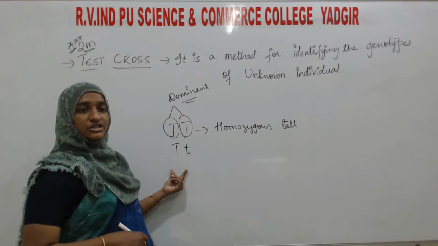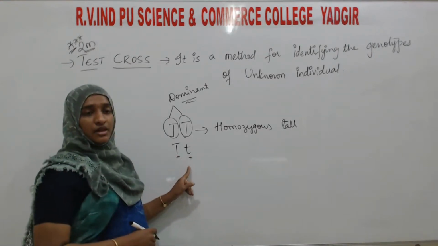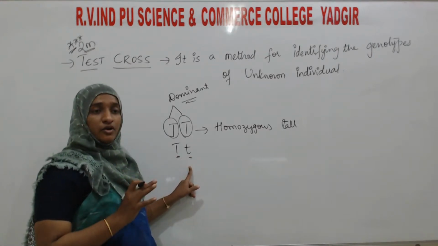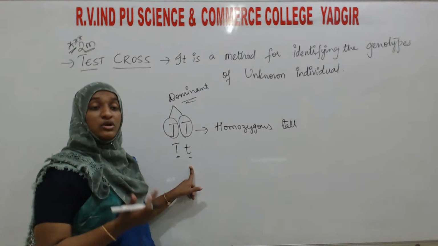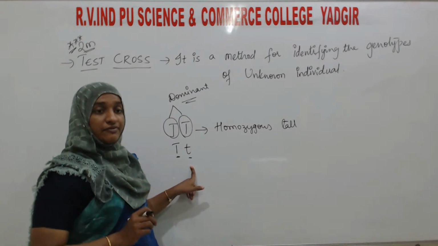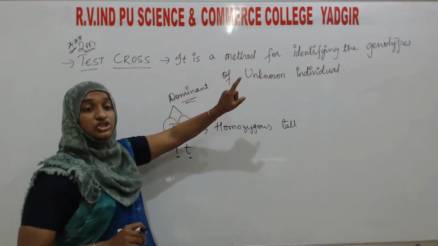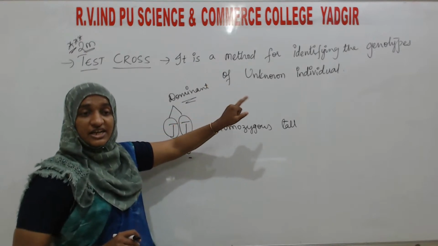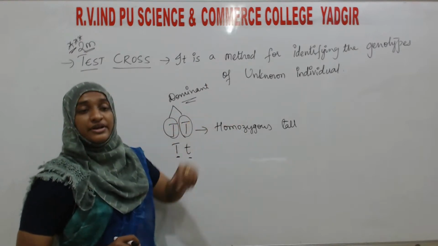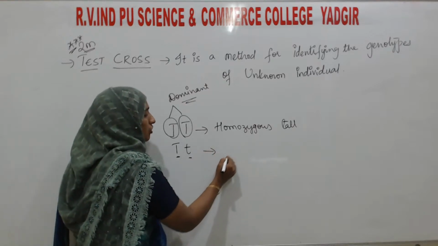In the next condition, you see, one is capital T, another is small t. Then how do you know who is dominant and who is expressing the character? This is the question that we can identify. It is a method for identifying the genotypes, genetic character of unknown individual. And how can we say this is the tall?